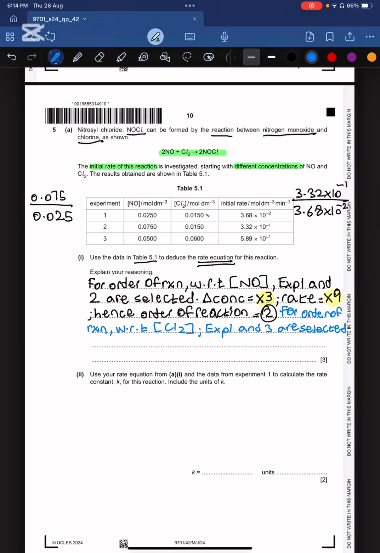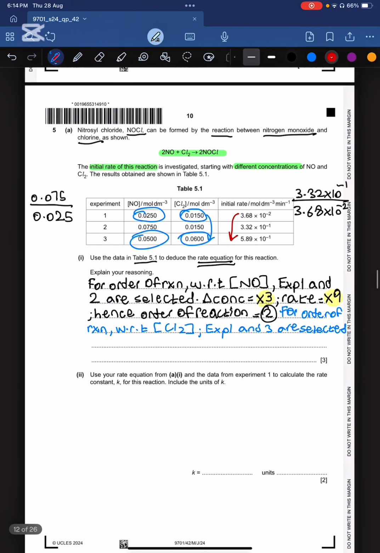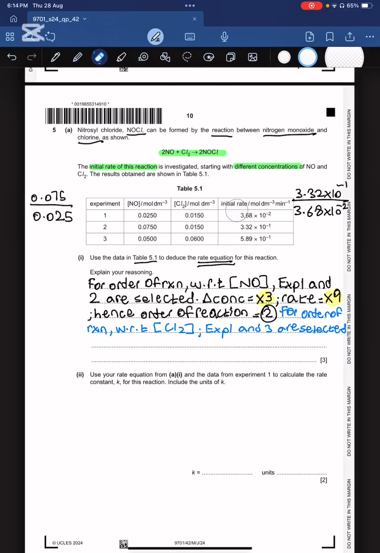When I go from experiment 1 to 3, the concentration of Cl2 changes, but the concentration of NO also changes. Meaning the effect on the rate of reaction is not only because of Cl2, but also because of NO. But I already know what effect there is because of NO, meaning I can just cancel out that effect and then eventually find out what is the effect on the rate of reaction because of Cl2.